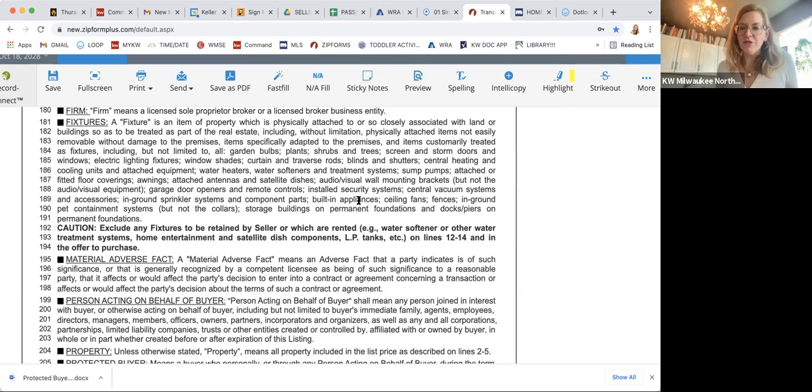I think any reasonable person would have thought that that was included in the sale, and it wasn't identified in the listing or in the offer to purchase. So, we're going through final walkthrough, the shed is gone, and buyers are like, what? So the buyers did get compensated for that shed.